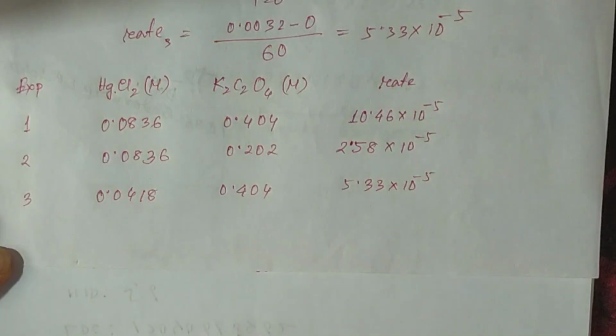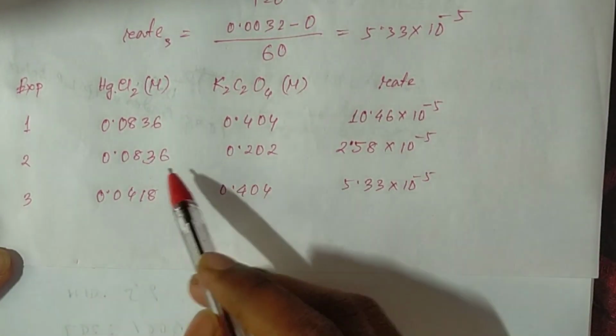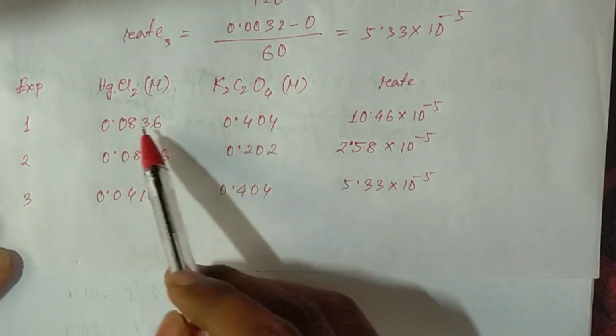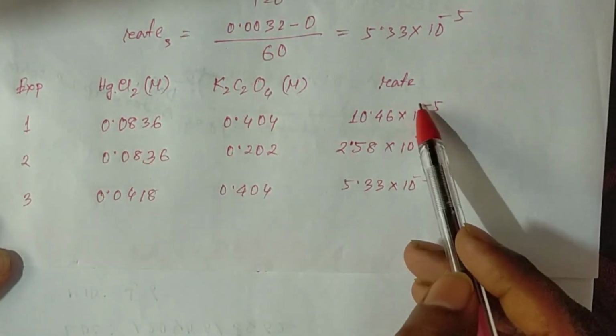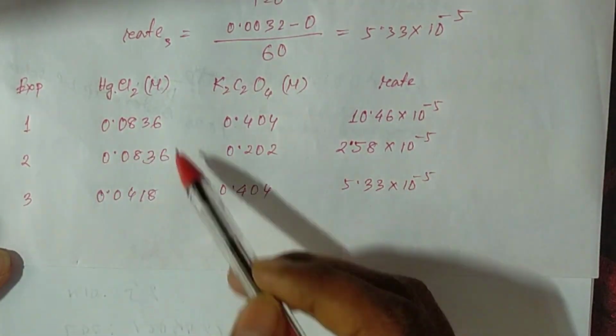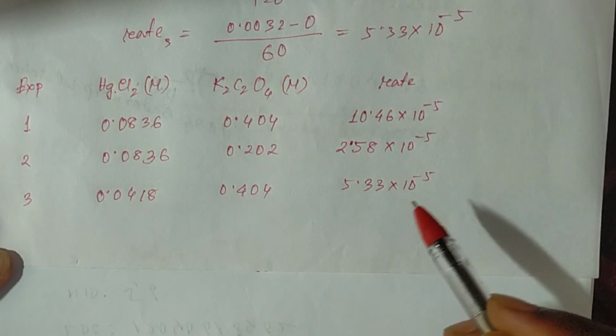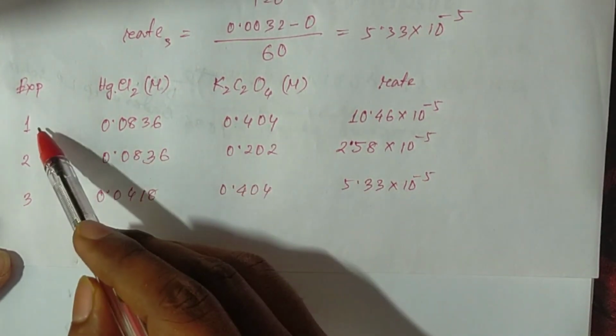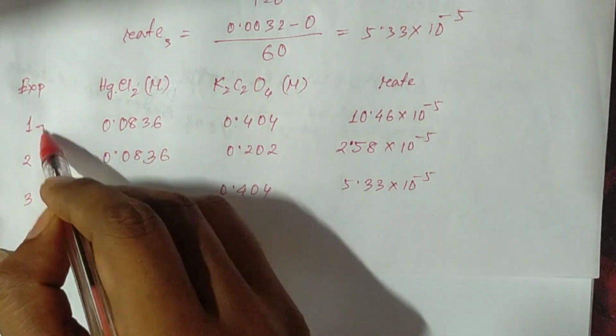After evaluating the rates, I have written this table in which the concentrations of reactants and the rate are given. By comparing these three experiments, we will find the order. First we compare experiments 1 and 2.